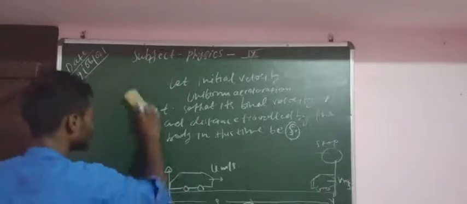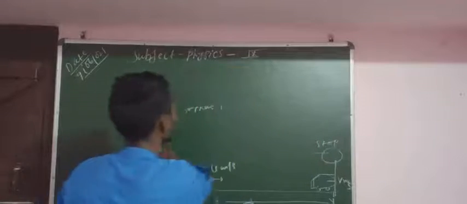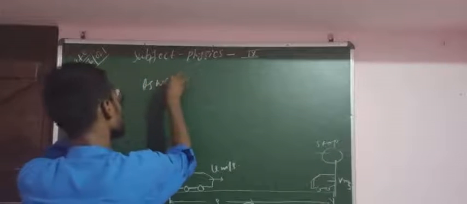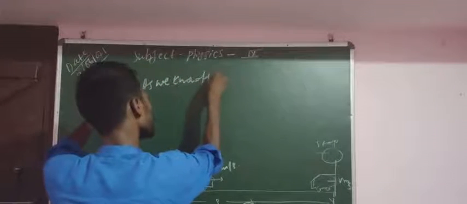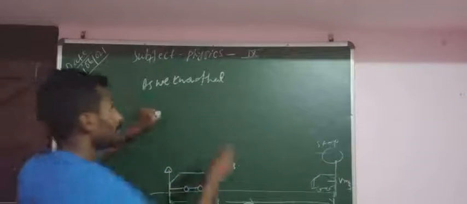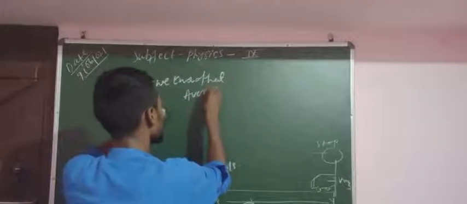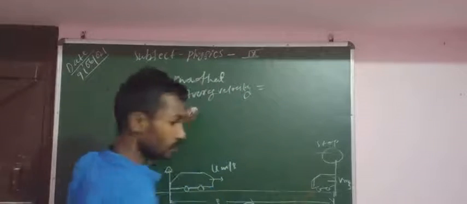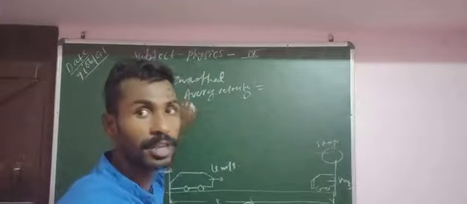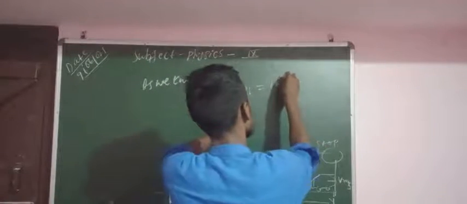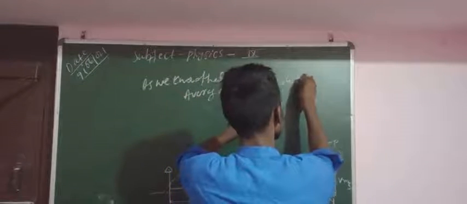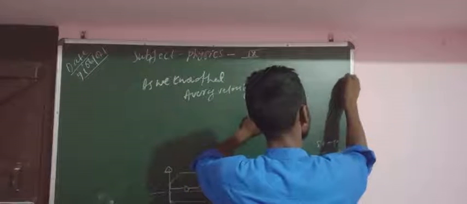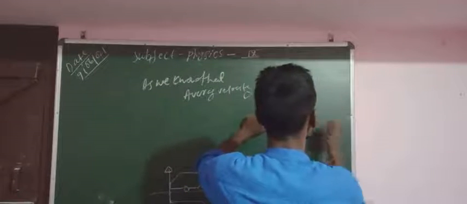As we know, average velocity will be equal to initial velocity plus final velocity by 2.